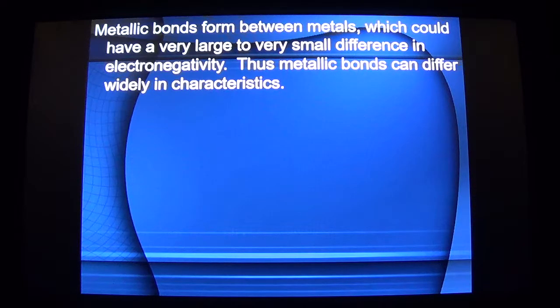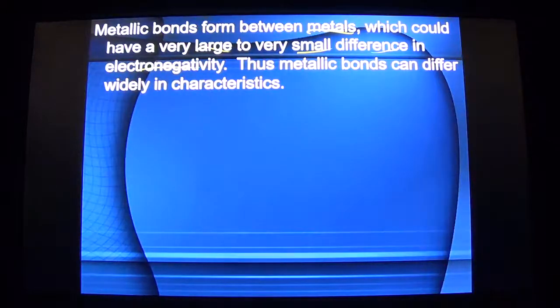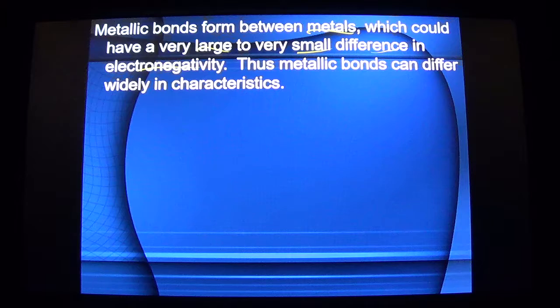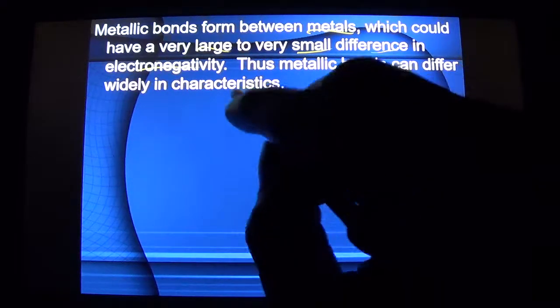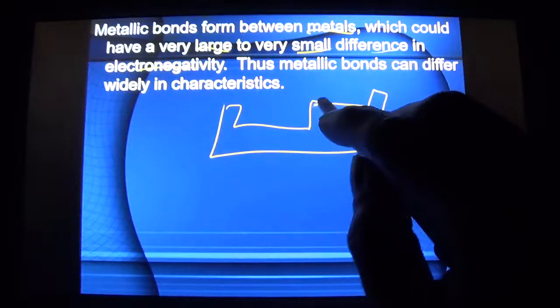Okay, now we're ready for that last column in your notes, the one on the far right. Metallic bonds will form between metals. What this means is, depending on the metals, we could have a very large or very small difference in electronegativities. It can vary a lot, but it's still going to be metals. And so, I know, you're awed by my artistic ability.